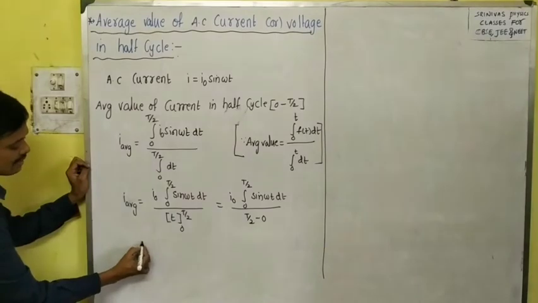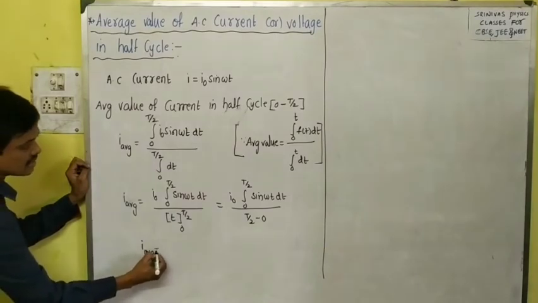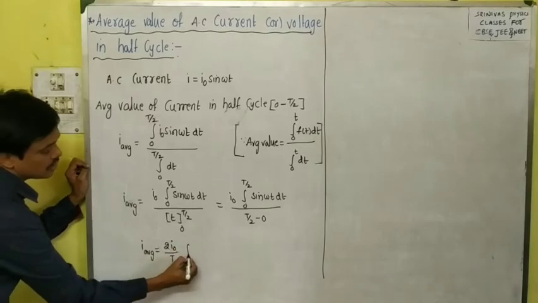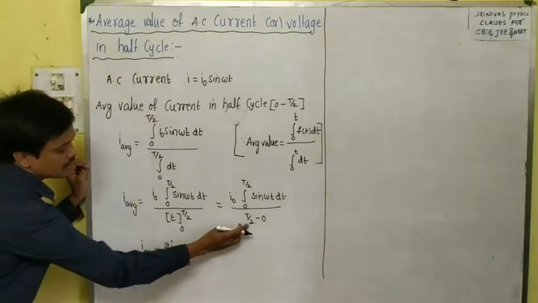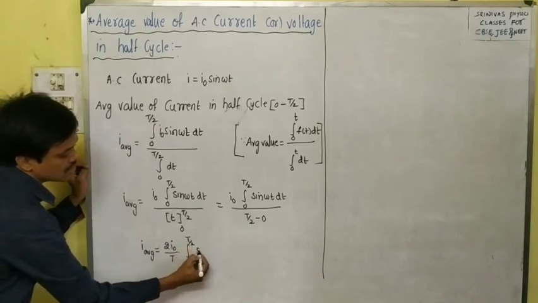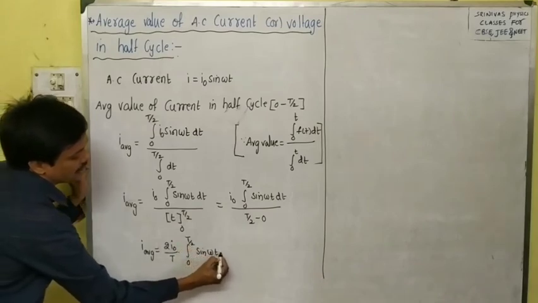We will get the average value of current as 2 I naught by T into integration 0 to T by 2 of sin omega t dt.